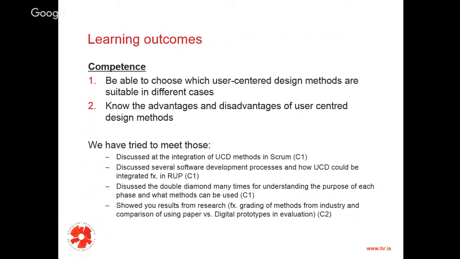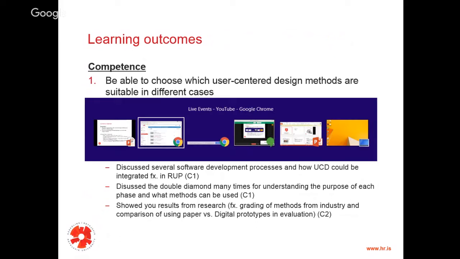I also introduced several software development processes, and we discussed how UCD could be integrated in RUP and other processes. The double diamond is also for understanding in what phase we are and when we are using each method. I've also shown you results from research to know the advantages and disadvantages of users and design methods. And now I put all the papers on the additional material page.